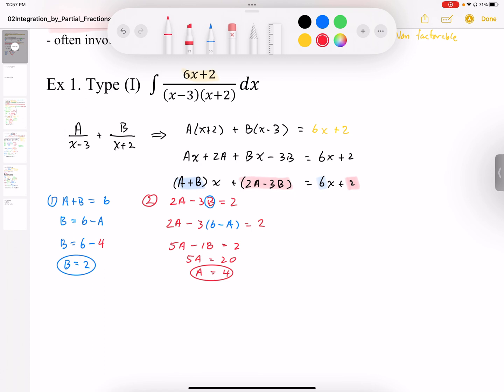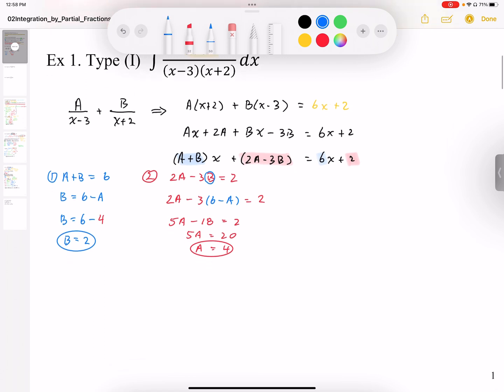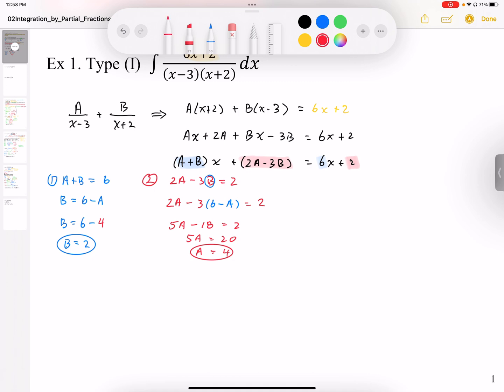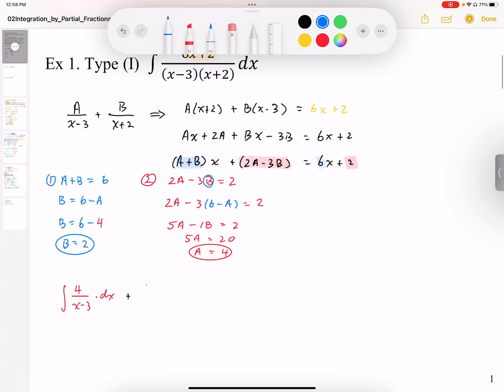So integrating these terms, I'm going to write these integrals. I have my A value as 4, so I'm going to write the first integral as 4 over x minus 3 dx plus, I've solved for B as well, so I'm going to use 2 over x plus 2 dx.